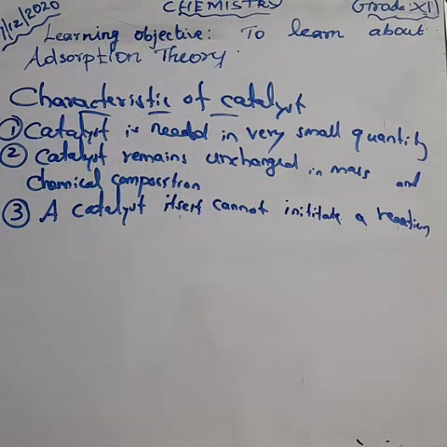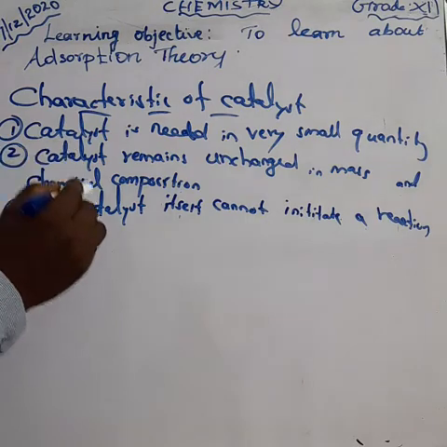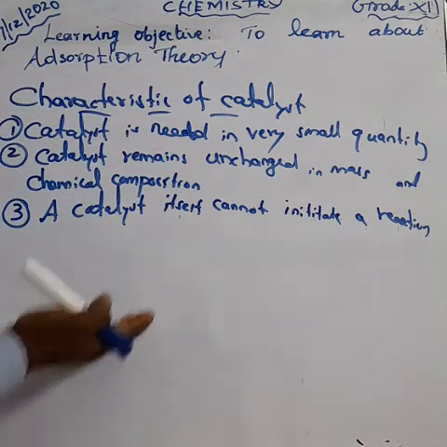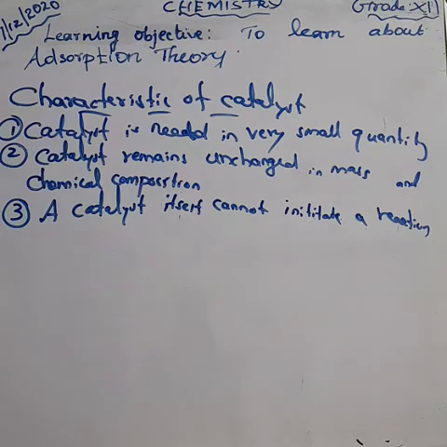The third point, the catalyst itself cannot initiate a reaction. What's the meaning? If the reaction is taking place at a slow rate, the catalyst can increase the rate of the reaction.